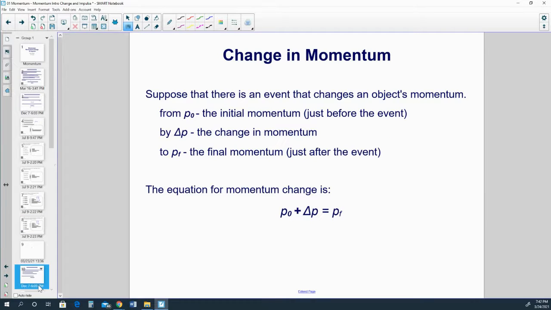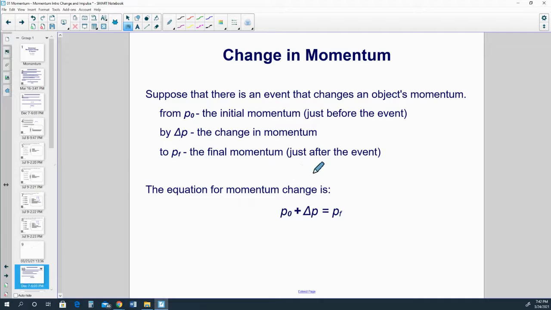So we just talked about momentum, but next let's go over change in momentum. Suppose there is an event that changes an object's momentum. You have an initial momentum, p sub 0, just before the event, followed by a change in momentum, delta means change, remember, to a final momentum, p sub f, just after the event.